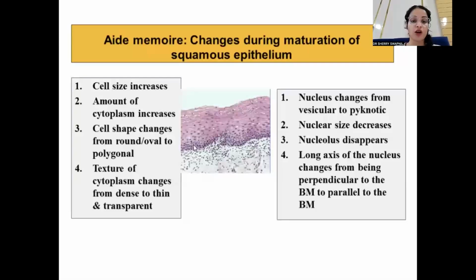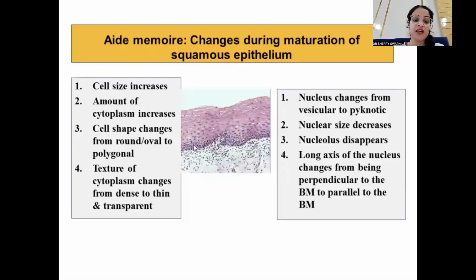Pycnotic means it's very small in size. So I've shown you that pycnotic nucleus. And if it is normal in size and clear, then we can see a vesicular nucleus, because we'll be able to see what is inside the nucleus, how its chromatin is, how the nucleus is placed. And nuclear size decreases, nucleoli disappear, and the long axis of the nucleus changes from being perpendicular to the basement membrane to parallel to the basement membrane.